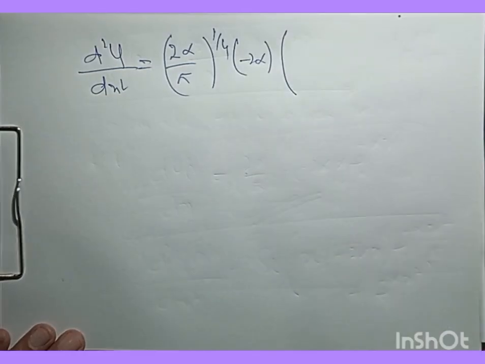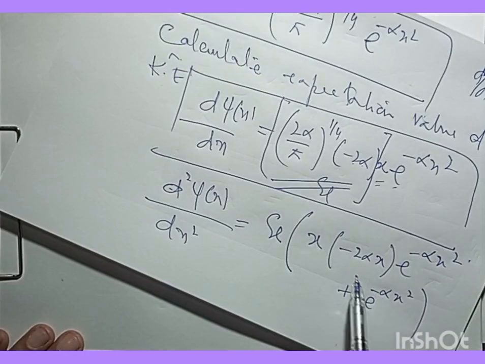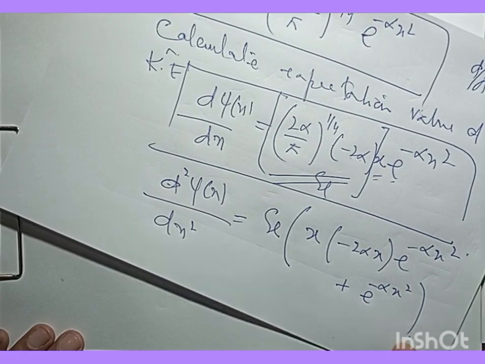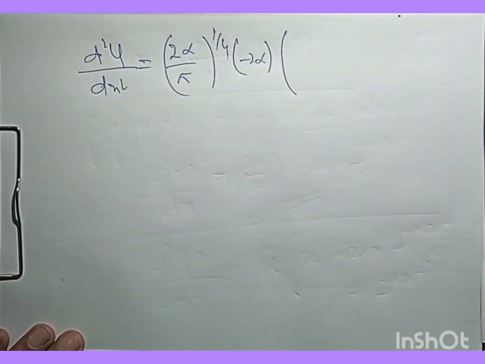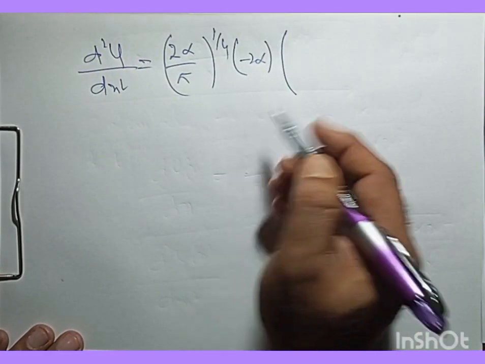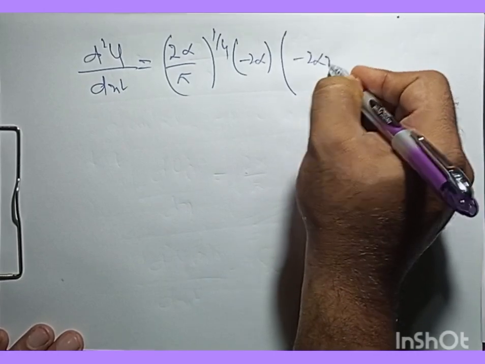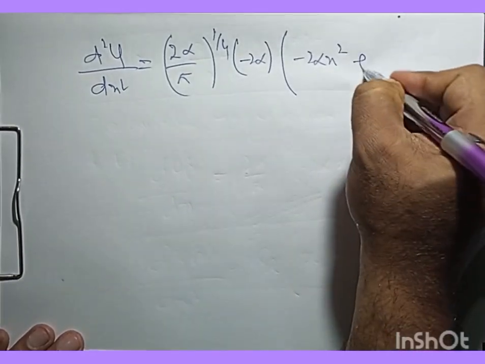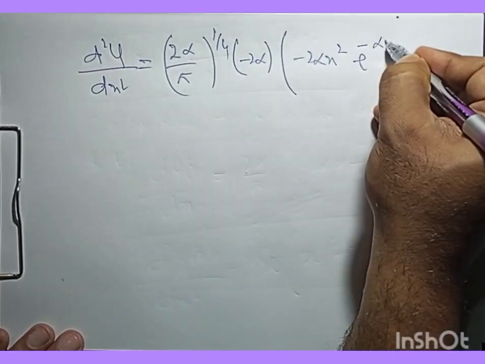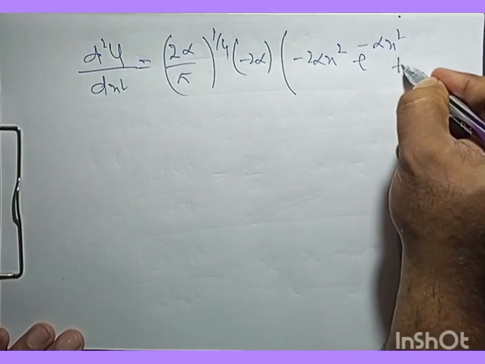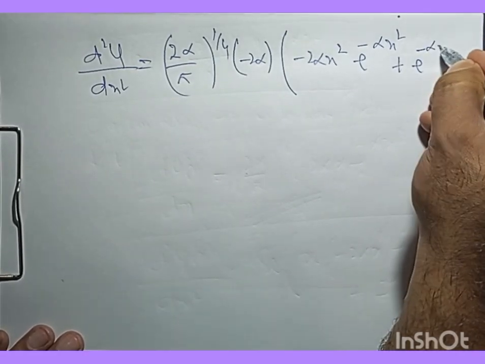Inside I will have minus 2 alpha x squared e to the power of minus alpha x squared, then plus e to the power of minus alpha x squared.